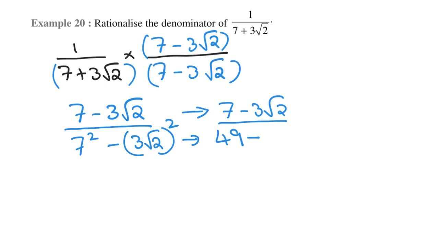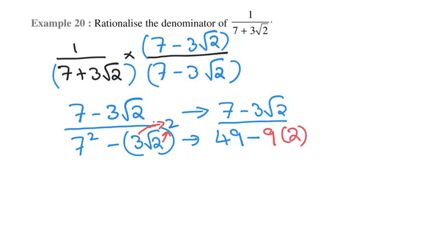minus, now this square has to be given to every single term. So observe carefully, 3 squared is how much? Let's show it here. 3 squared is 9 times root 2 squared is 2.